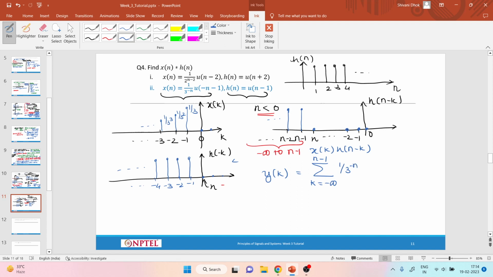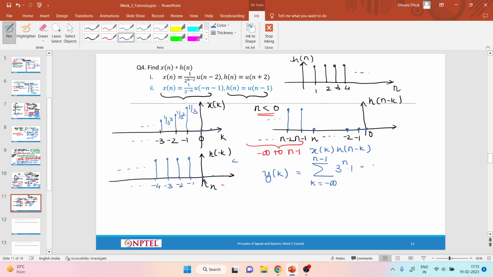So I can just simply write it as 3 power k, and in this region your h of n minus k takes the value 1, so this is fine.